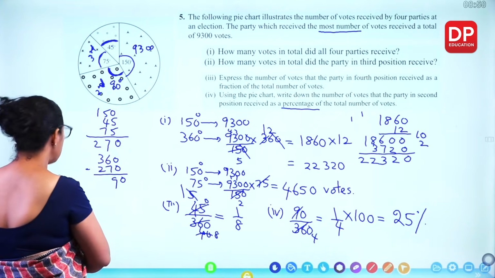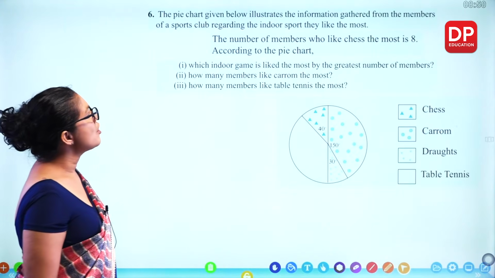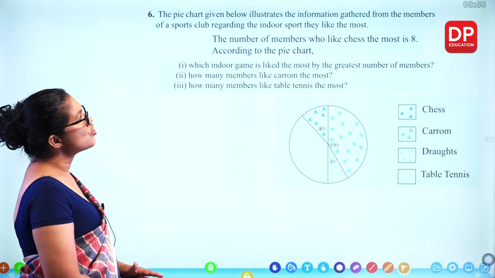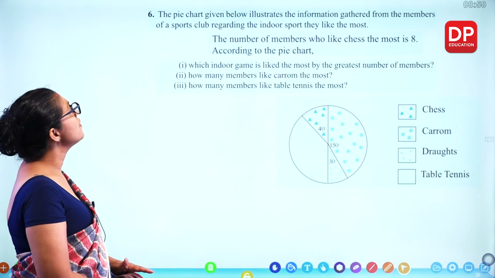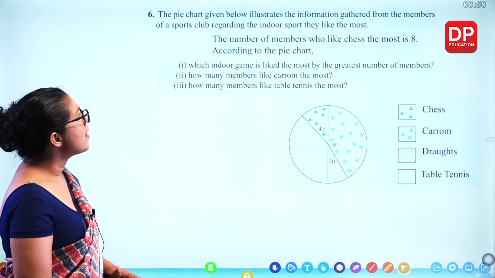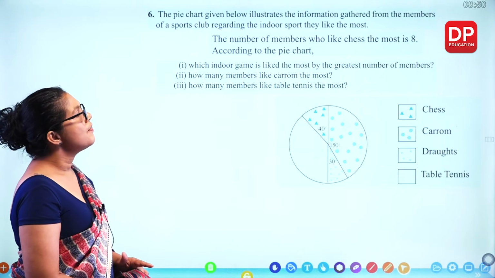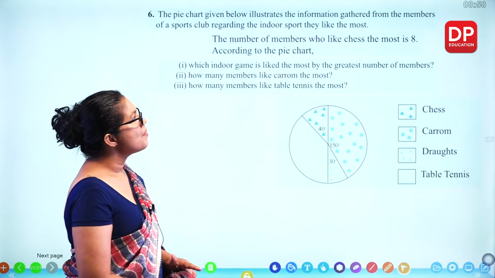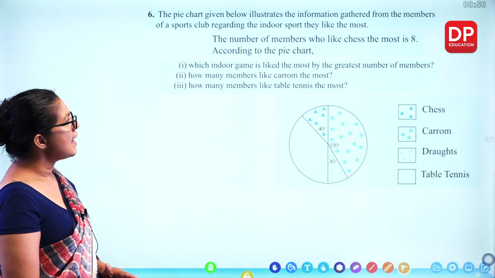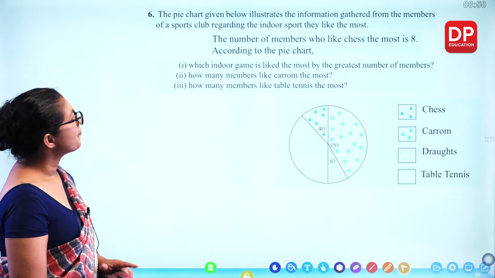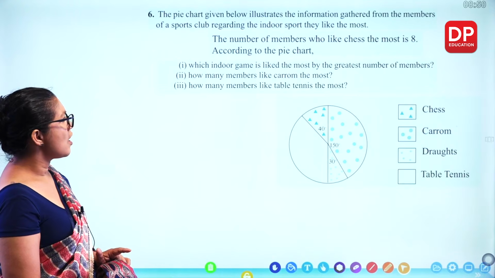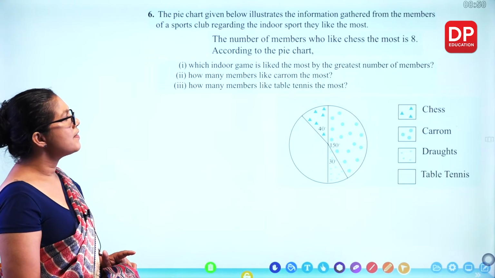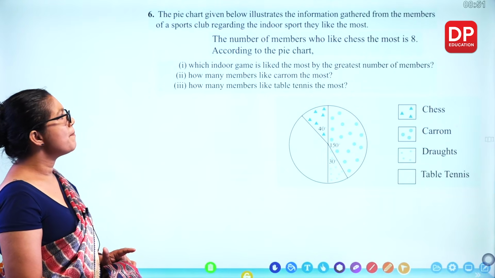Now we'll look at the last question in your textbook. The pie chart given below illustrates the information gathered from the members of a sports club regarding the indoor sport they like the most. The number of members who like chess the most is 8. According to the pie chart, which indoor game is liked the most by the greatest number of members?